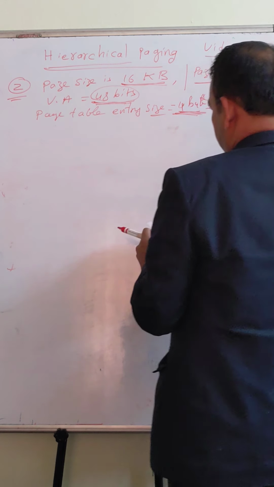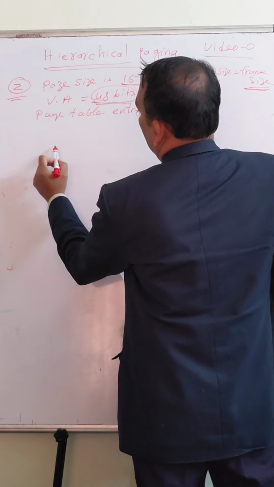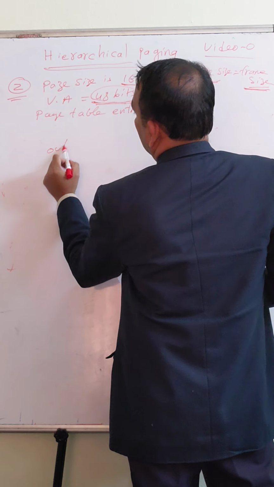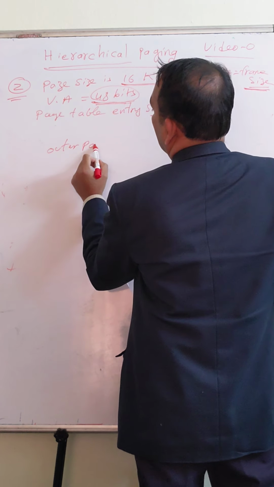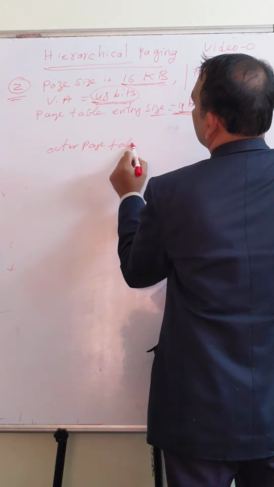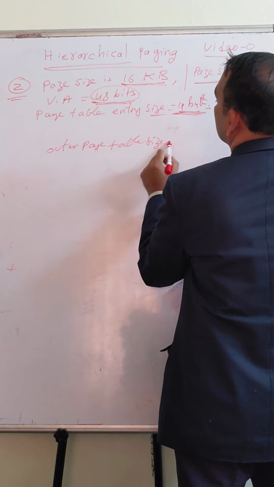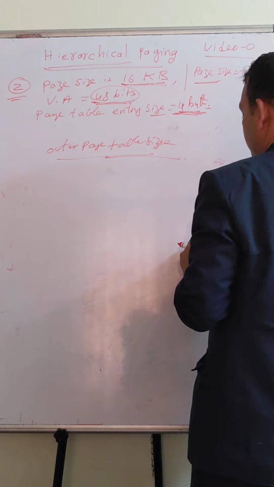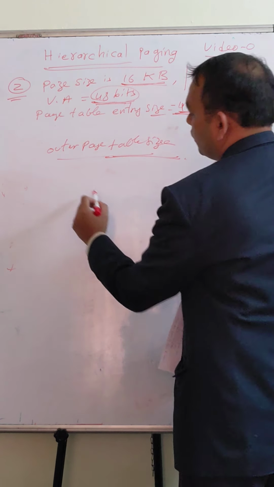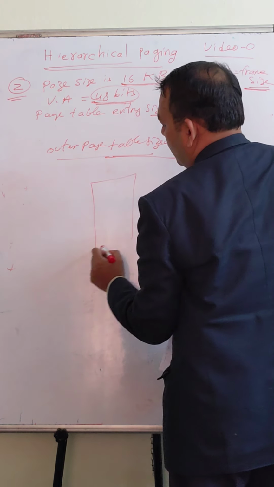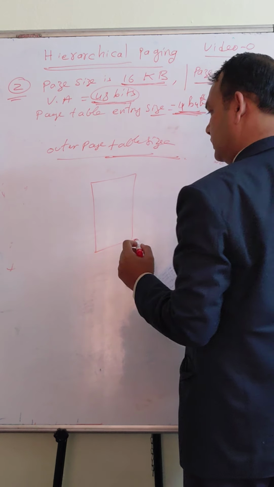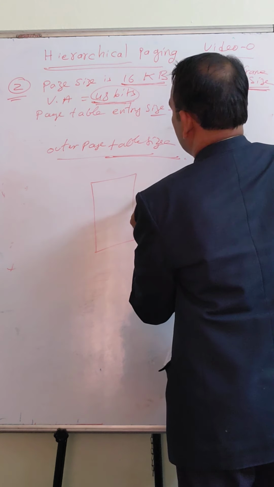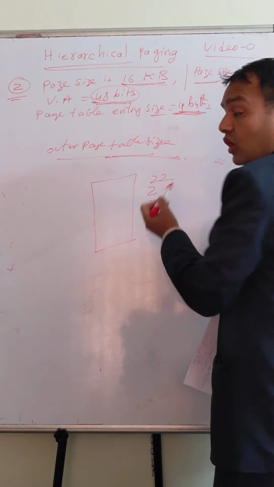Now, outer page table size. Outer page table size, my dear friends. In the outer page table, what have we stored? 2 power 22 entries of inner pages.